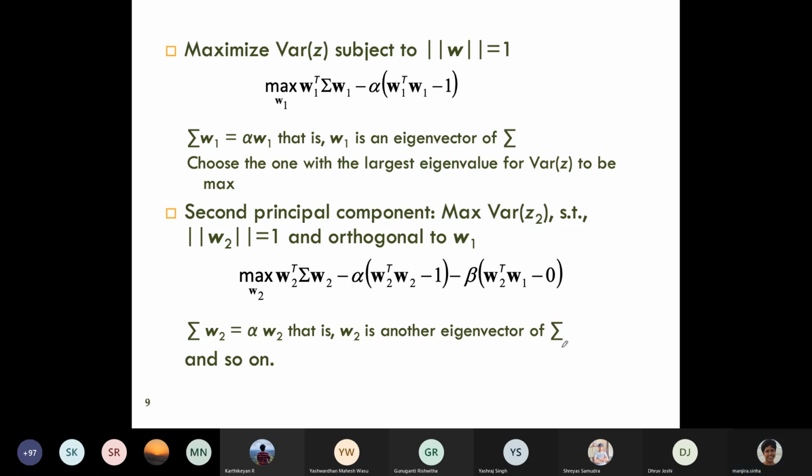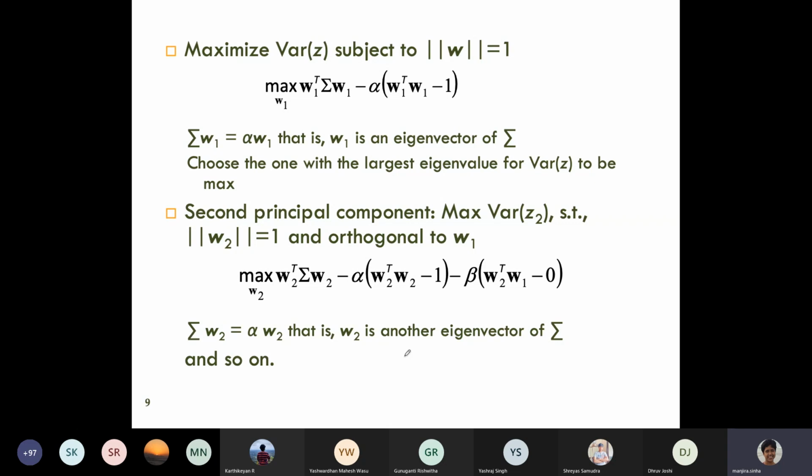For principal component analysis, we are trying to find the first eigenvector corresponding to the largest eigenvalue, the second eigenvector corresponding to the second eigenvalue, because the beauty of the eigenvectors is that they are orthogonal to each other. That means at 90 degrees, their dot product is 0, so they are independent of each other.